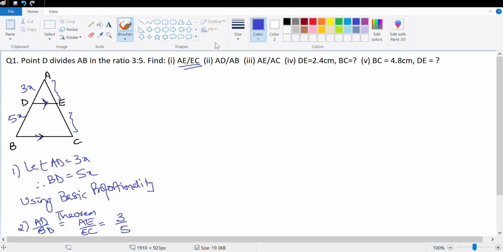What do they want? Do they want the ratio? No, they want it in the fraction form. So I've already given my answer in the fraction form, which means AE upon EC is equal to 3/5. So this part of the question is done.